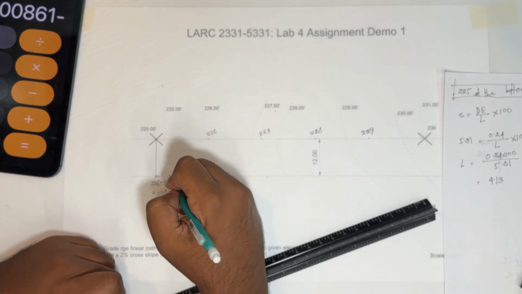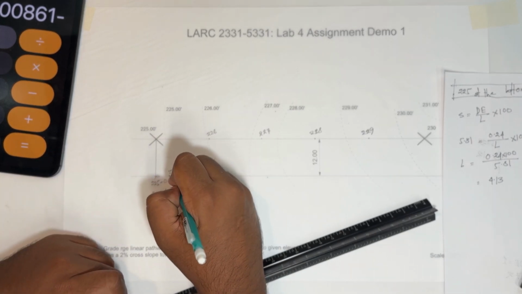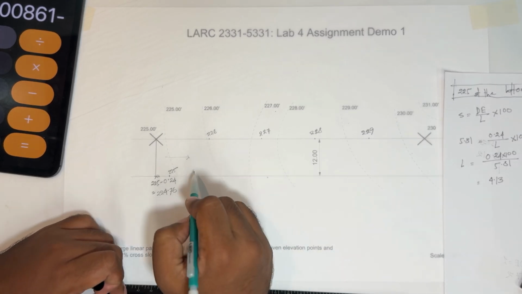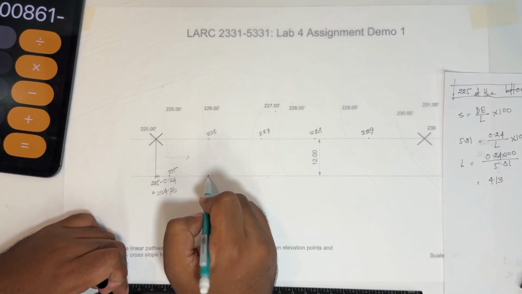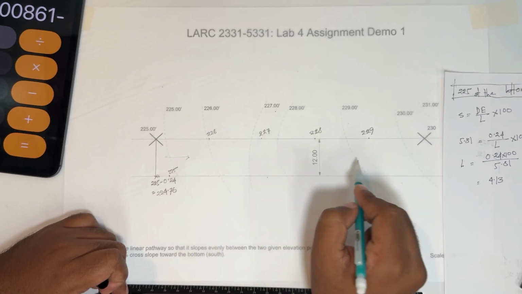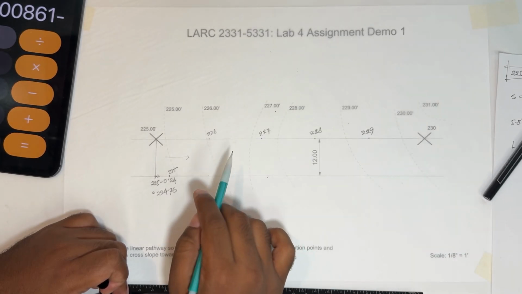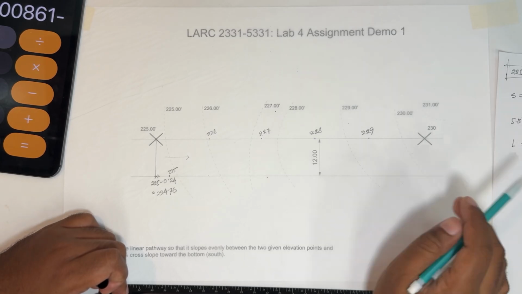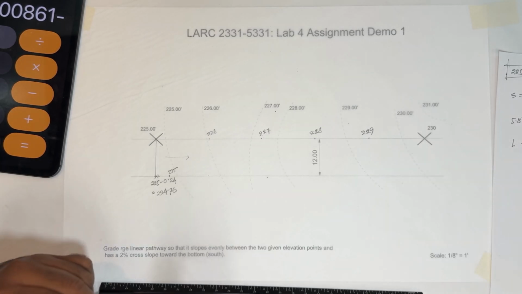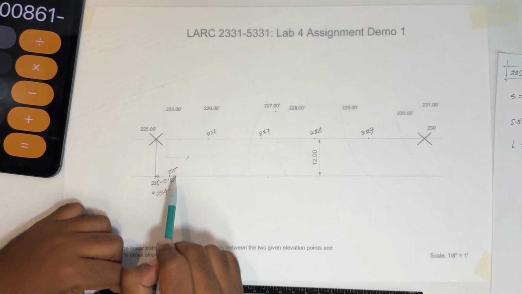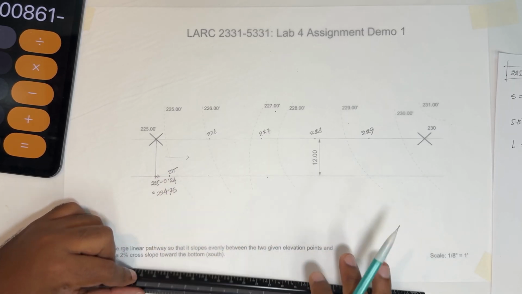So this would be 225 for the bottom portion. Now we could draw one vertical line and do 4.13 for each of these points. But we already know the slope is going to be consistent, which is 5.81. So that makes the difference between each point 17.2 feet.